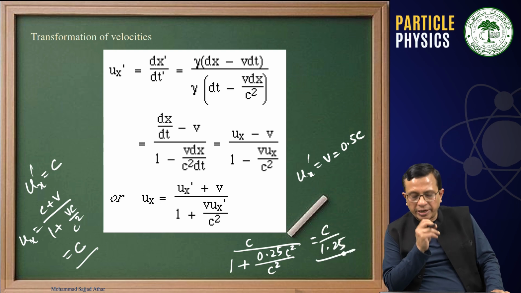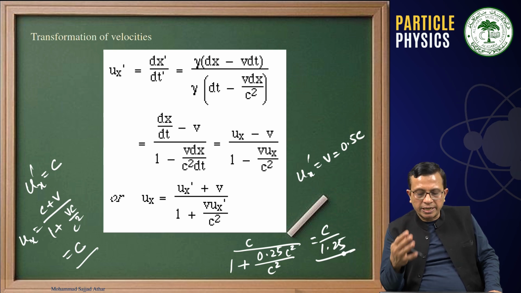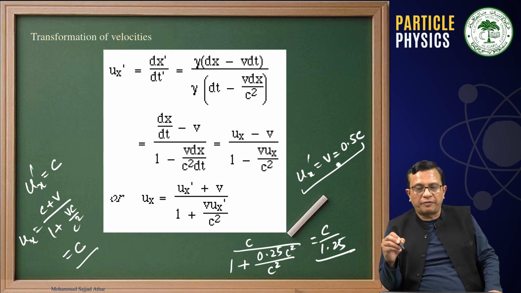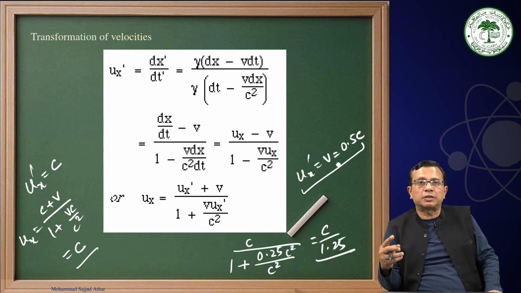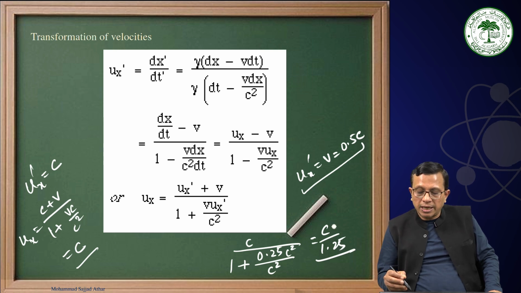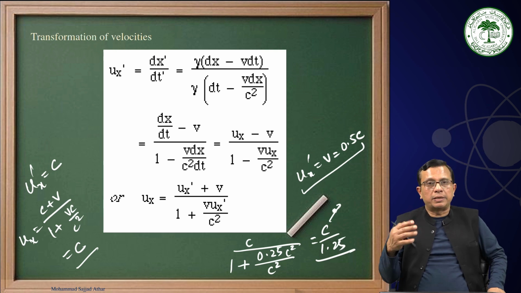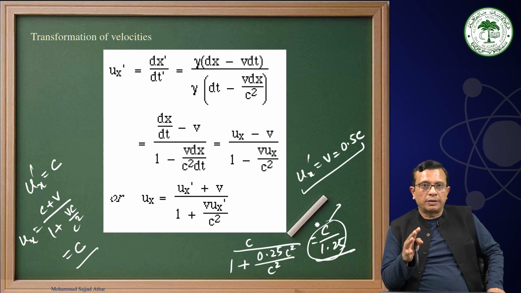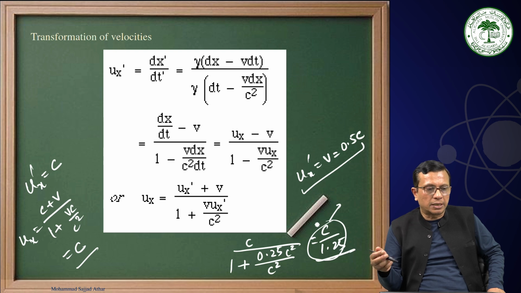So what you are finding is that there is a 20% reduction in the speed if you take ux prime equal to v equal to 0.5 c. But if you consider the Galilean transformation instead of the Lorentz transformation, then you would simply add them up, and this will be just c, which has not been found to be true. Exactly, this value gets reduced by 20%, and this is experimentally confirmed.